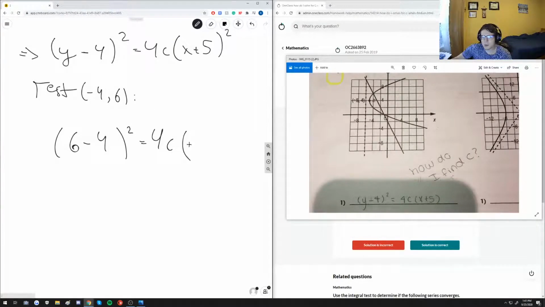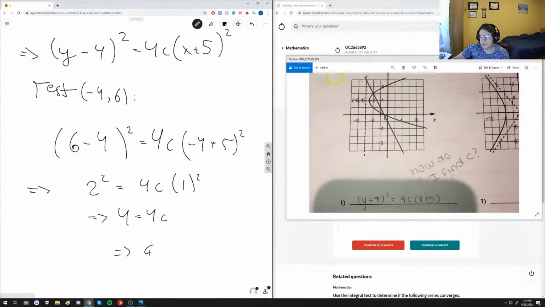X in this case is minus 4, so minus 4 plus 5 squared. We get 2 squared is equal to 4c times 1 squared. Then 2 squared is 4 and 1 squared is 1, so 4 equals 4c, and we get that c is equal to 1 ultimately.